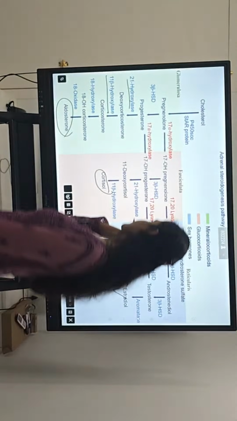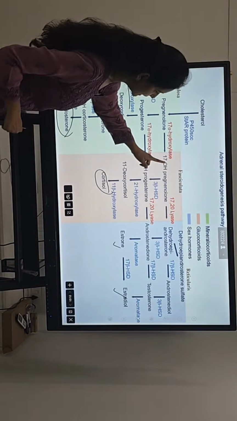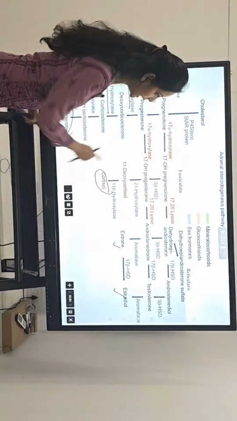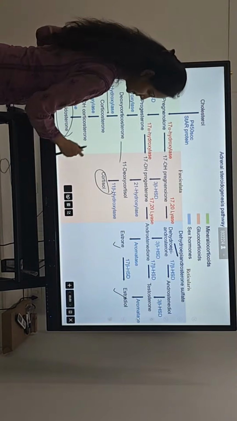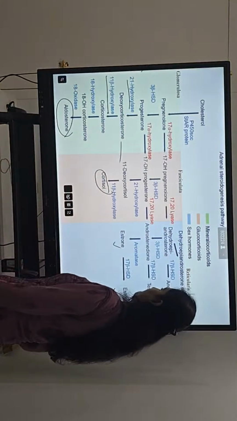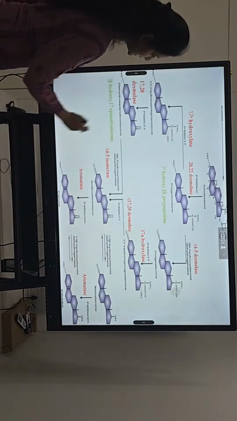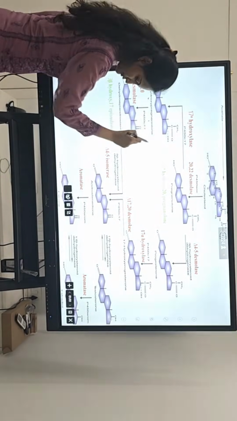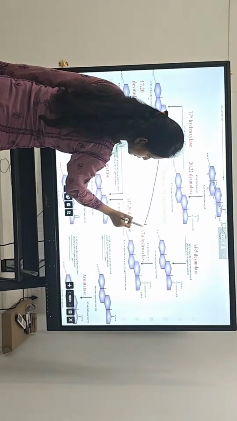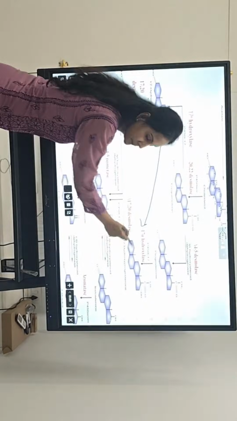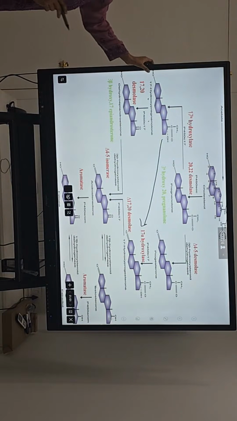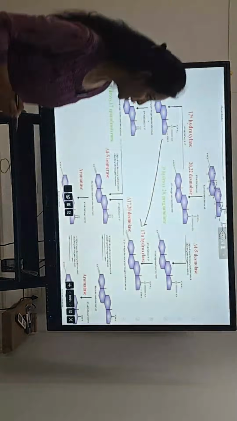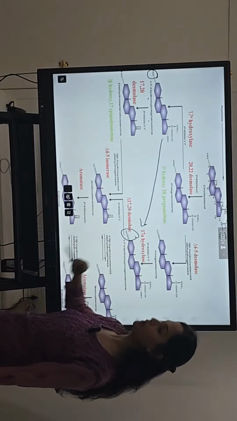So if we look here, this 17 hydroxy pregnenolone is also converting into 17 hydroxy progesterone. If we look at their structures, what is the difference between the two? 17 hydroxy pregnenolone is converted into 17 hydroxy progesterone. Here we can see in the third position there is an OH group, and here in the third position there is a ketone group.